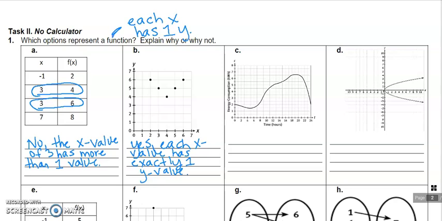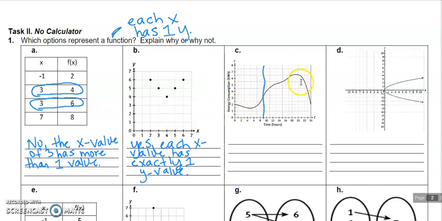All right, letter C. Again, I'm going to be thinking about the vertical line test. So I'm thinking about if I were to draw a vertical line, a line as straight as I can get it, of course, straight up and down. Would there be anywhere where I can move this line left or right and it would intersect this relation more than once? I'm kind of visualizing moving it back and forth.